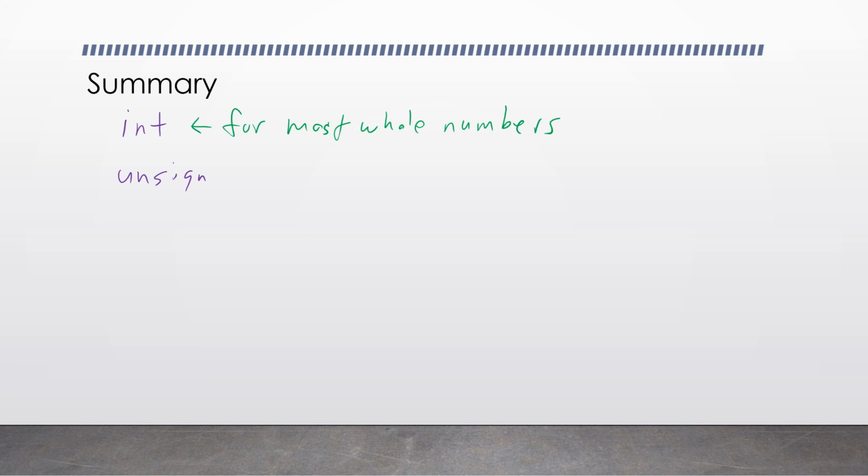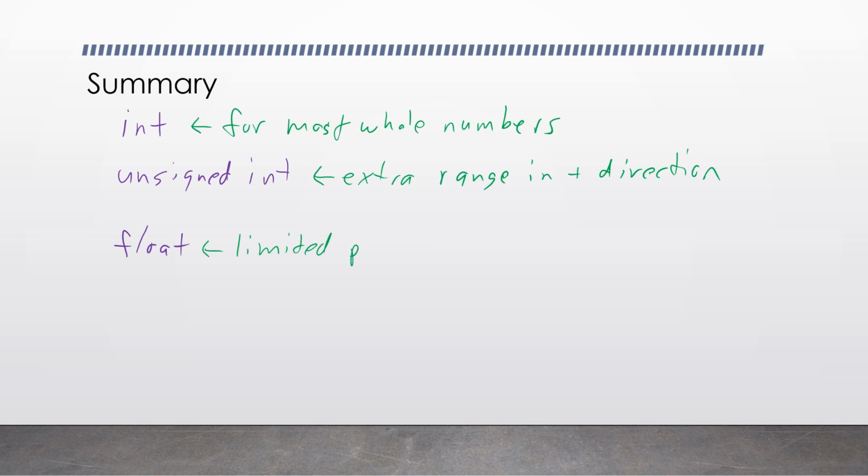We can use an unsigned int if you really need that extra range in the positive direction. We can use a float, which has very limited precision. So really we do not use floats.